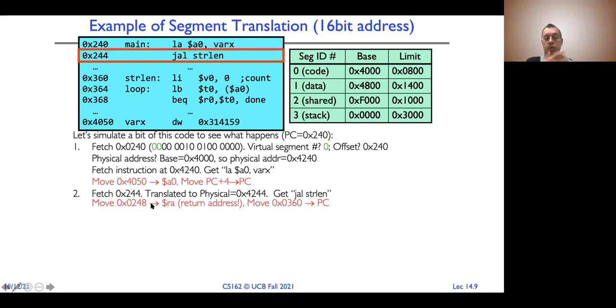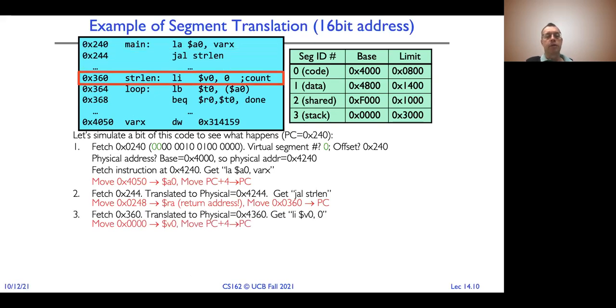This is done automatically by the compiled code of your application. Then you move into the program counter the address where you want to jump. The label stringlen corresponds to the address 360. So you jump there and execute that next instruction.